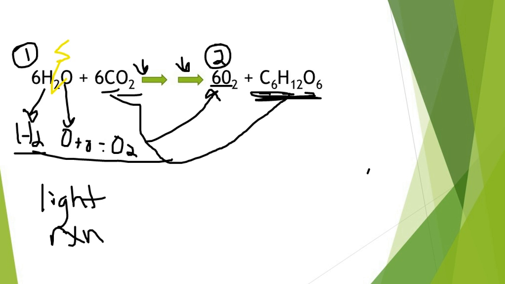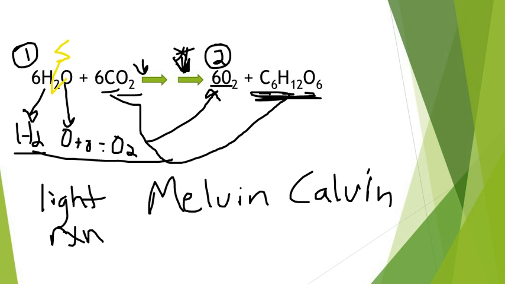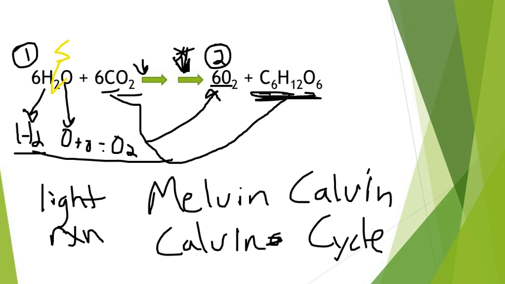This second arrow right here is named after my buddy Melvin Calvin, and we call that the Calvin cycle. This is our sugar factory. This is where our sugar is made because in the end we know we want to get to our glucose. That is the end goal of photosynthesis.